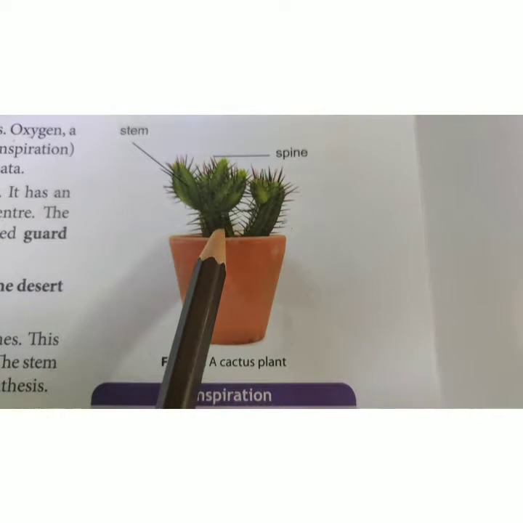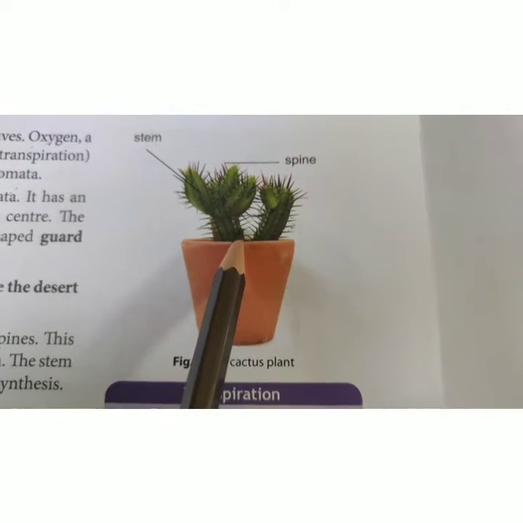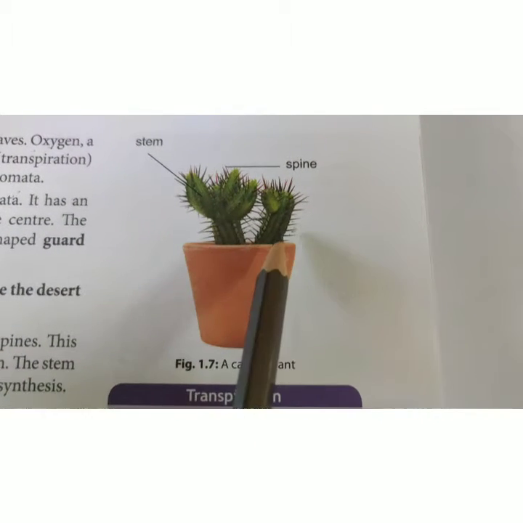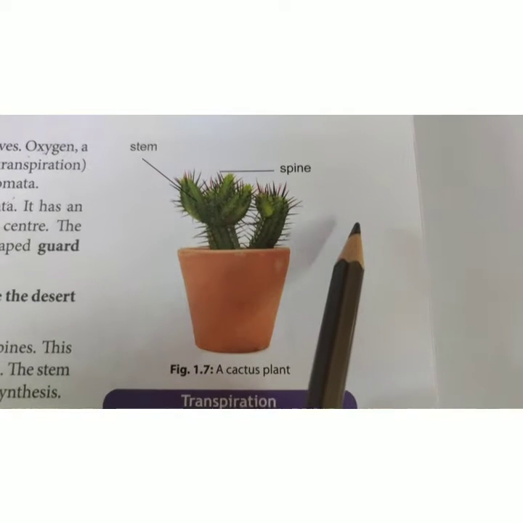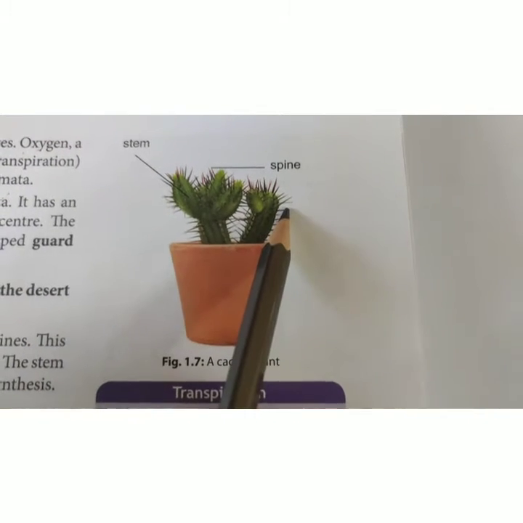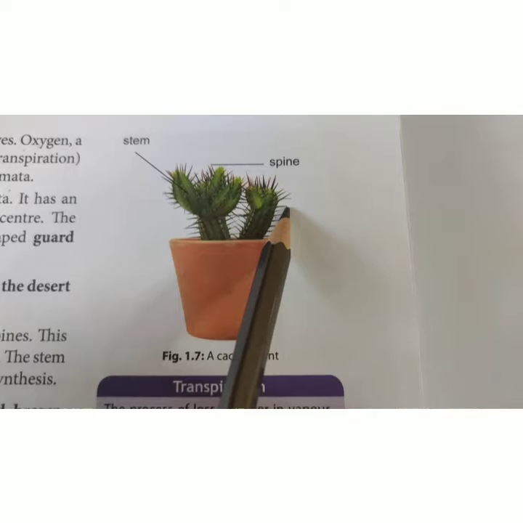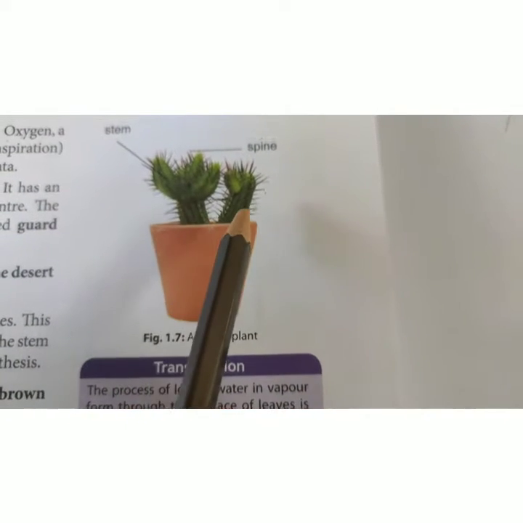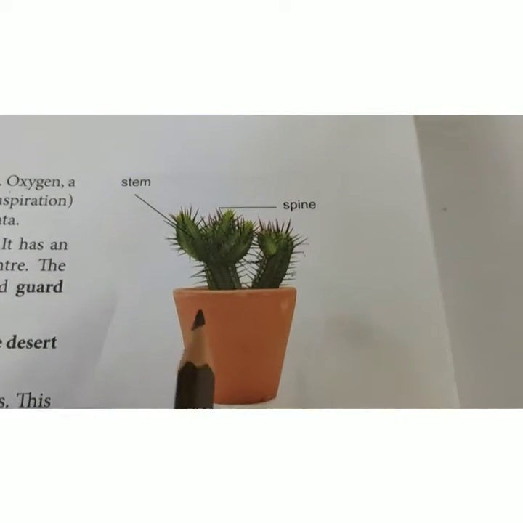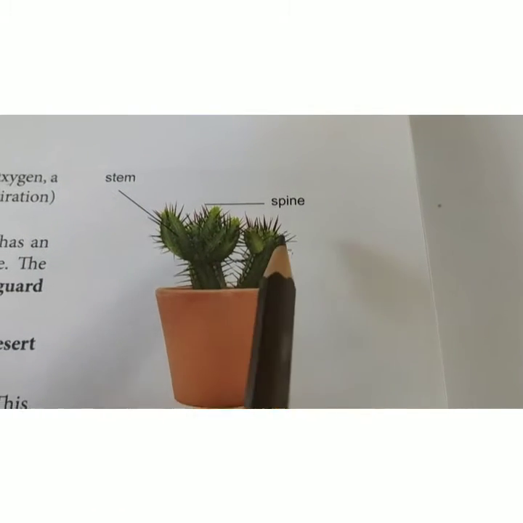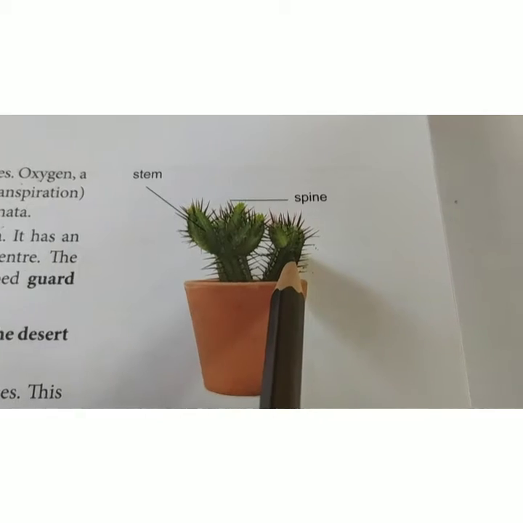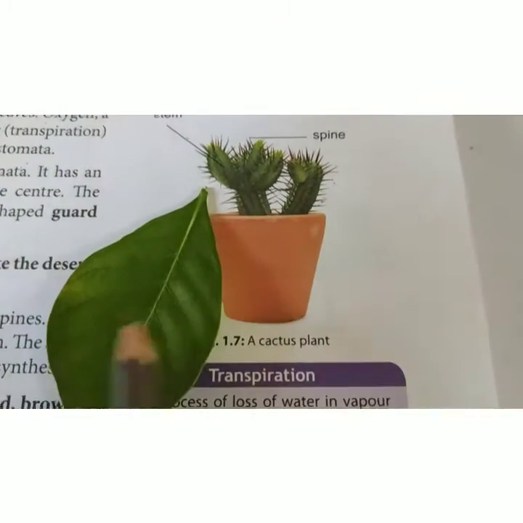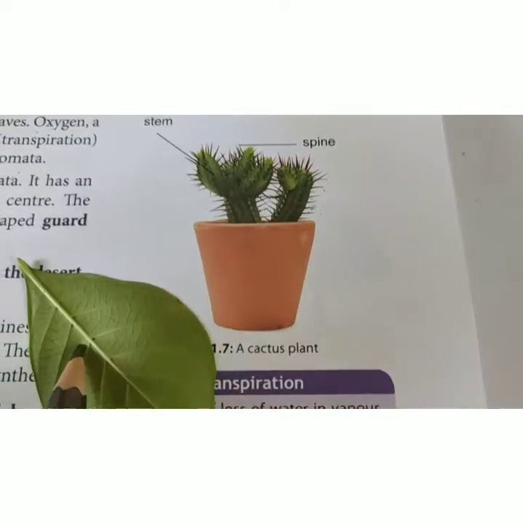In desert areas. In desert areas it is very hot, and evaporation is very fast due to the strong sunlight. As I was telling, in this cactus plant the leaves are not there, because in leaves we know stomata are present on both the upper epidermis, the upper side of the leaf, and the lower side of the leaf.